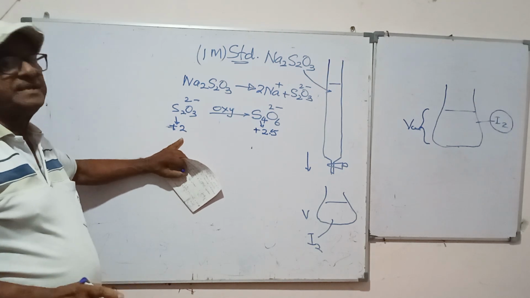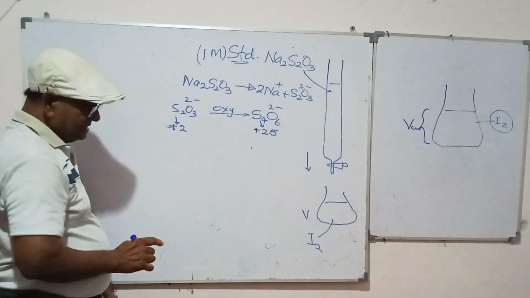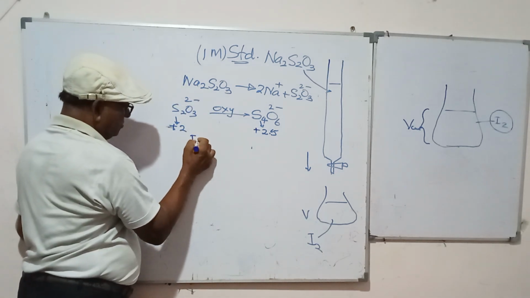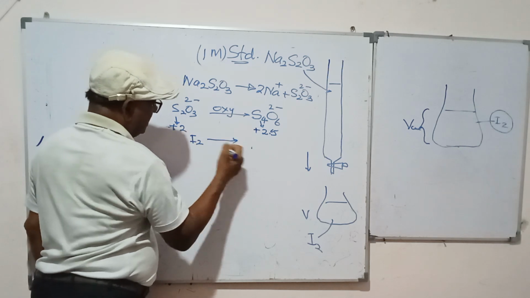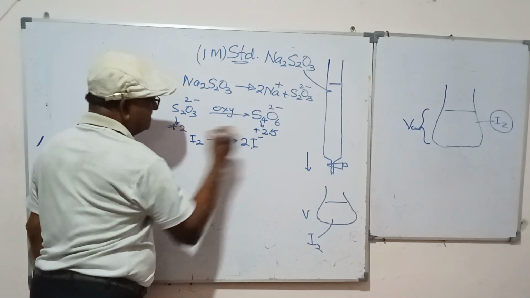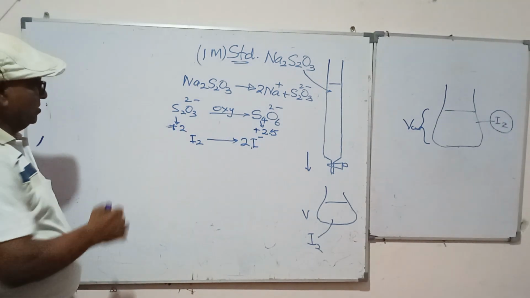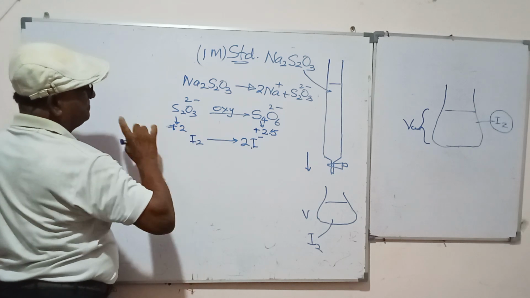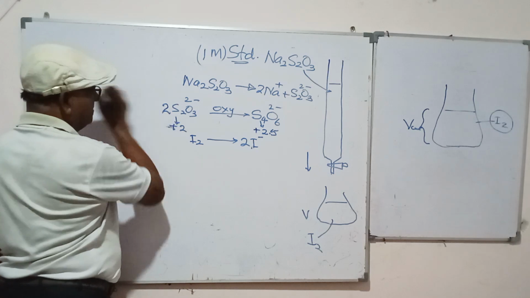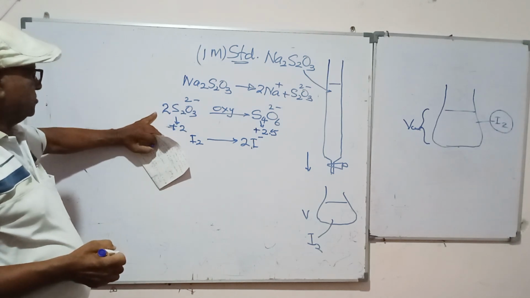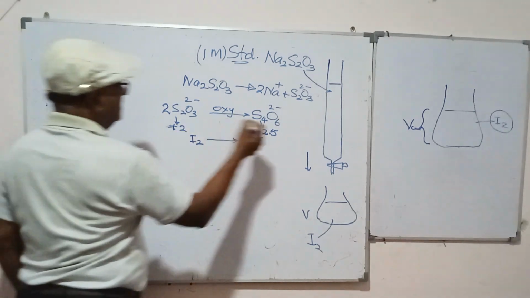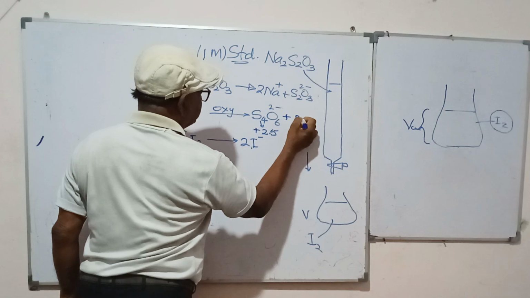Thiosulfate undergoes oxidation. Then I2 should be reduced. I2 undergoes reduction giving I-. So we can balance this equation. Here the 2- charge, we have to balance: 2S2O3 2- gives S4O6 2-, then we must add 2 electrons to this side.